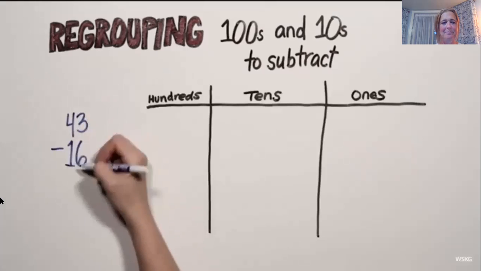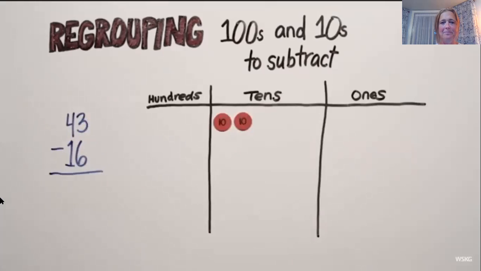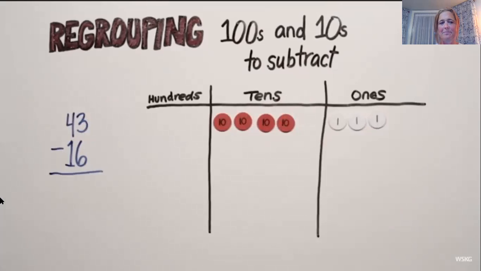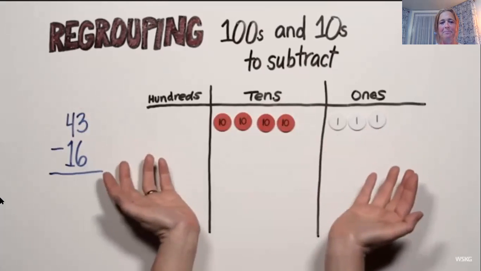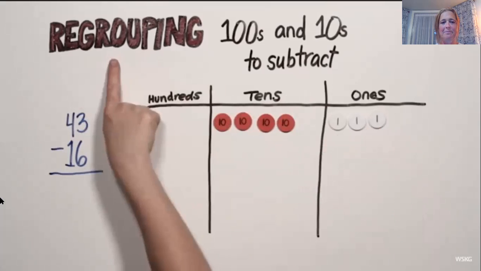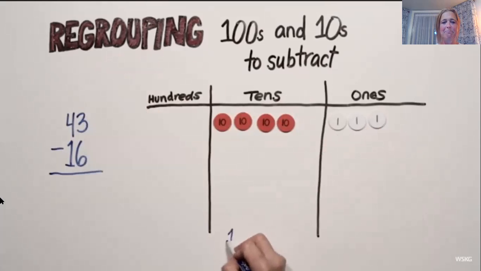43 minus 16. Place value discs help your child to see 43 as 4 tens and 3 ones. We know to subtract ones from ones first. 3 ones take away 6 ones, but wait, we don't have 6 ones to take. We need to regroup. Your child knows 1 ten is equal to 10 ones.